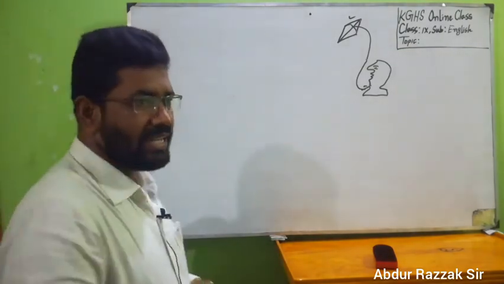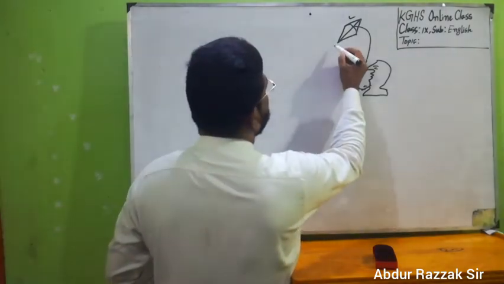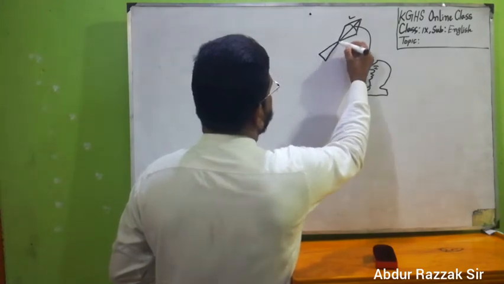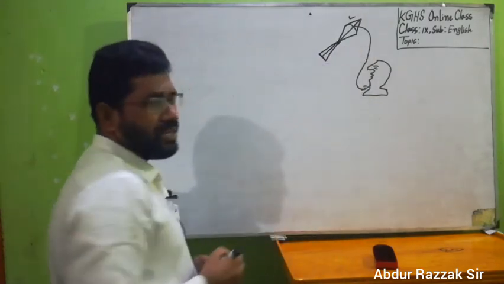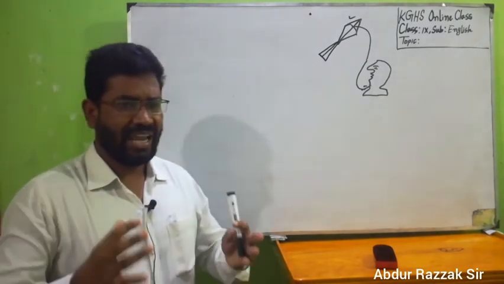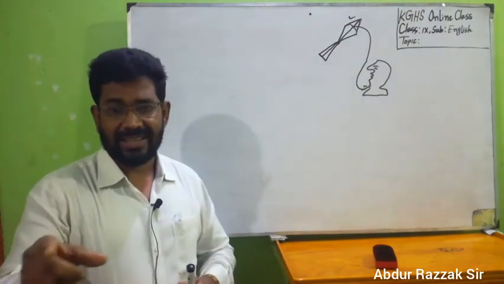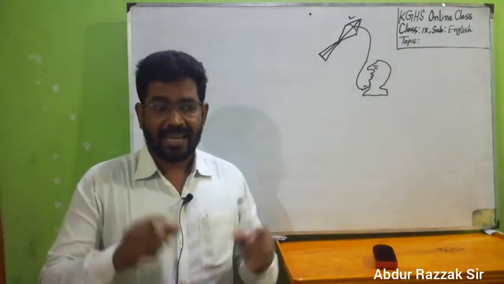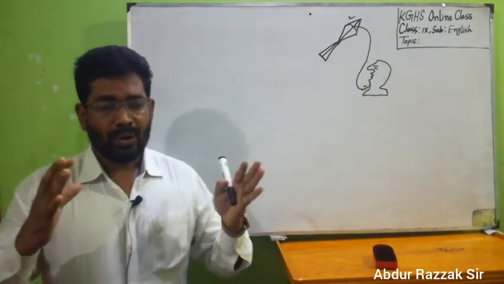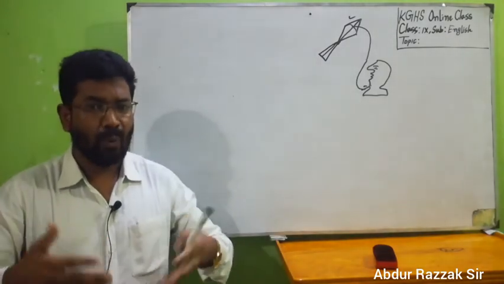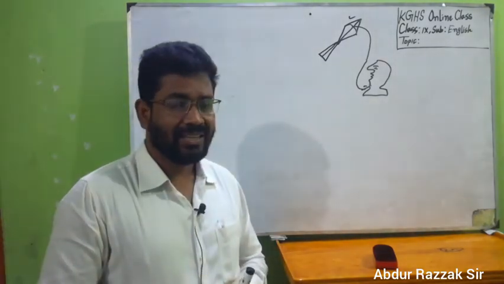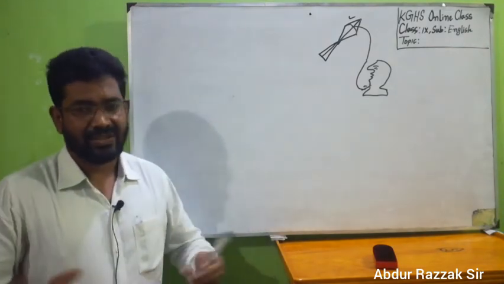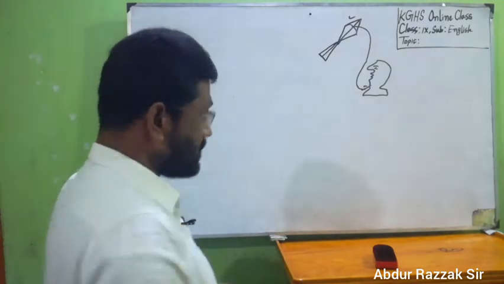Let me draw another picture behind it. Dear students, what have I tagged behind the kite? Yes, a tail. Dear learners, can you guess on which topic I am going to talk today? Yes, tag question. Dear students, let me write the topic at first.